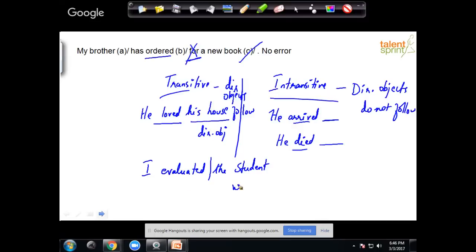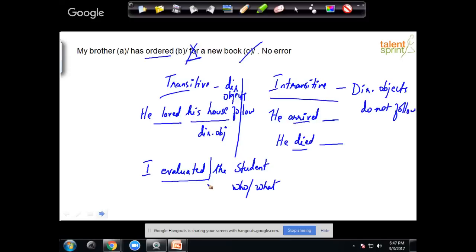It answers the question who or what. I evaluated who? The student. He loved what? His house. So this verb is a transitive verb. It takes up a direct object and I don't have any preposition after evaluated. I don't say evaluated on the student. Incorrect. So transitive verbs usually don't take up a preposition. That's what I'm trying to say.